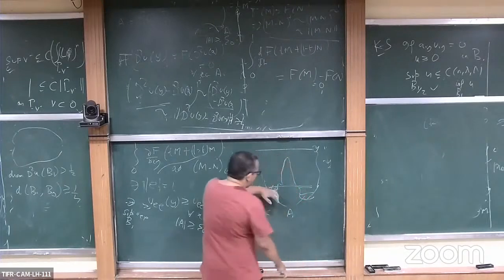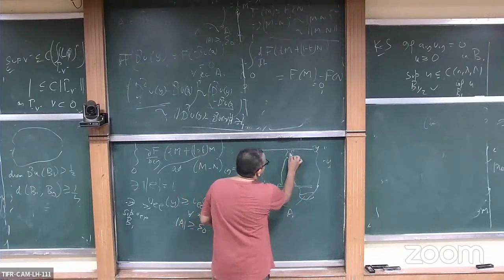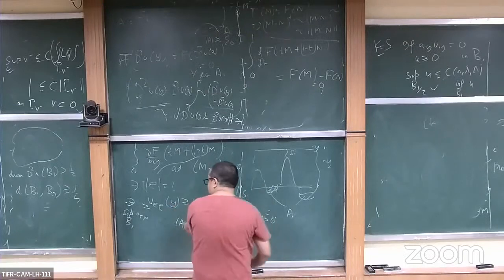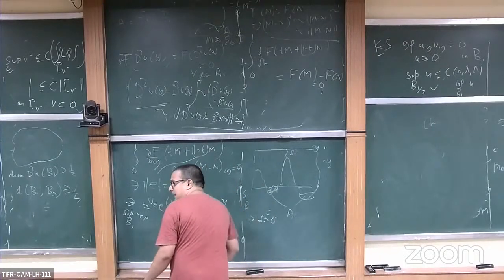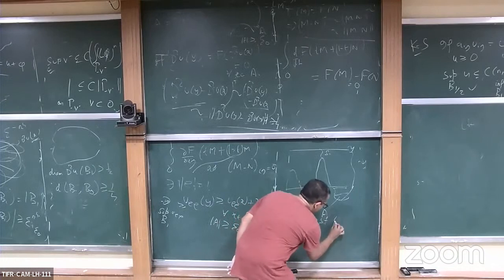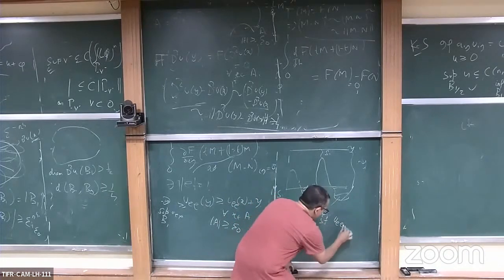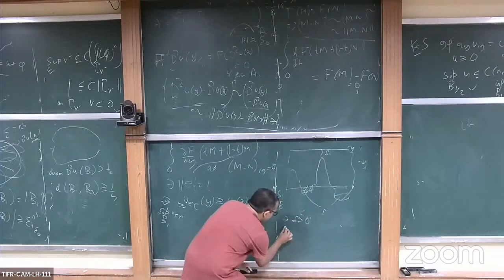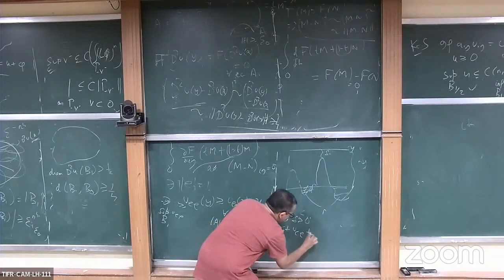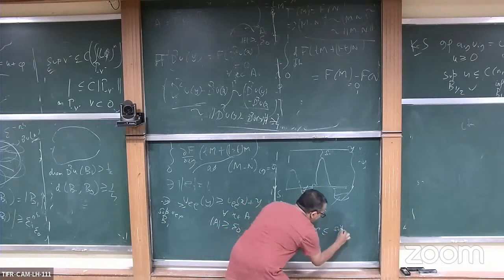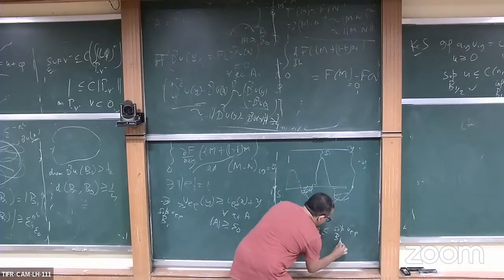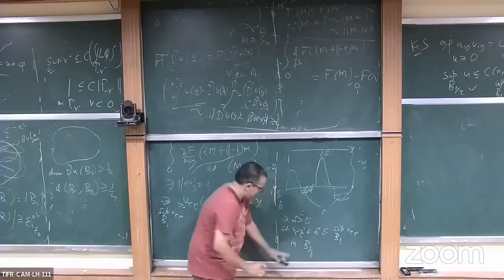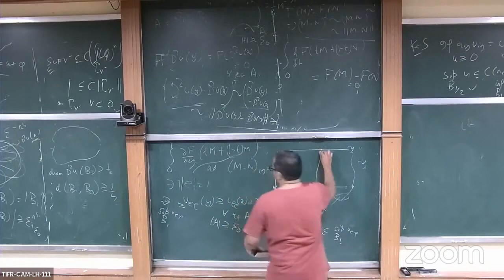So if I apply this lemma, there exists a delta bigger than 0, depending on this gamma and this epsilon naught, such that u_ε plus delta is less than or equal to the supremum of u_ε over B1 in B half. In half the set, it has to fall below by this.